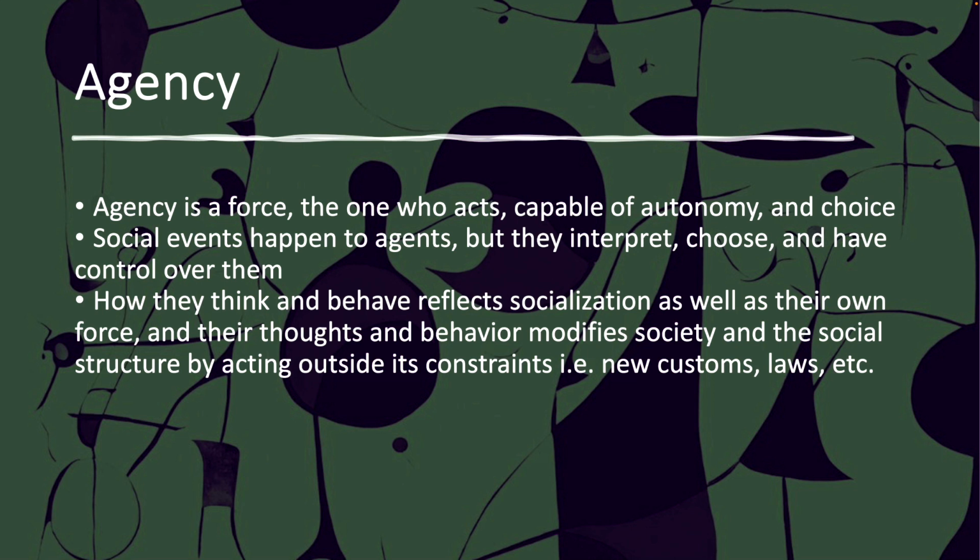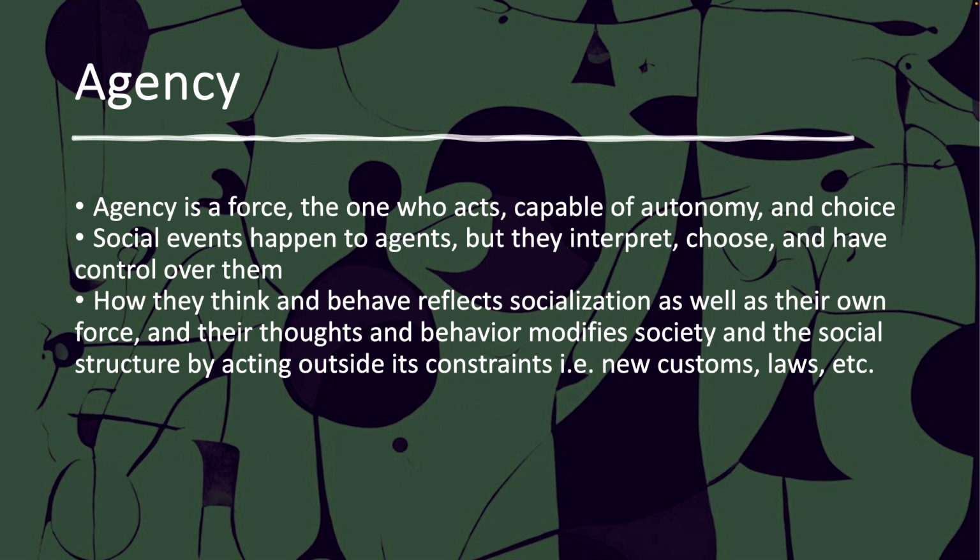So an agent and how they think and behave reflects socialization, as well as their own force, their own action, their own autonomy, choice. Their thoughts and behavior modify society and the social structure by acting outside of its constraints.